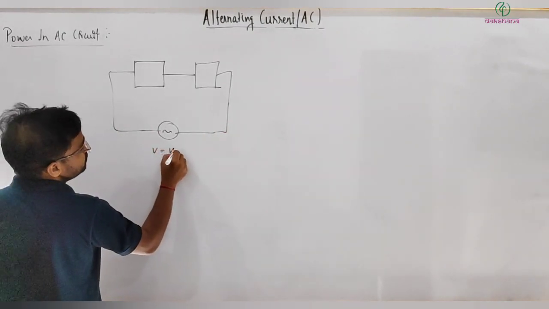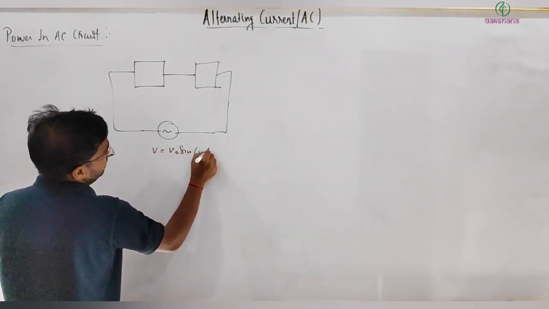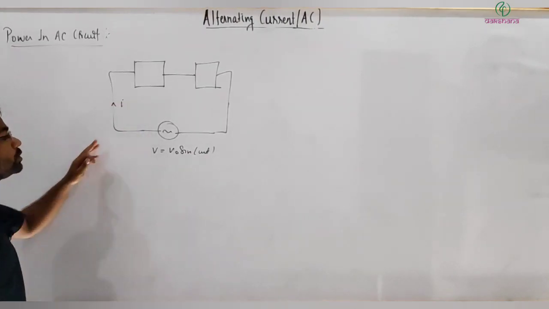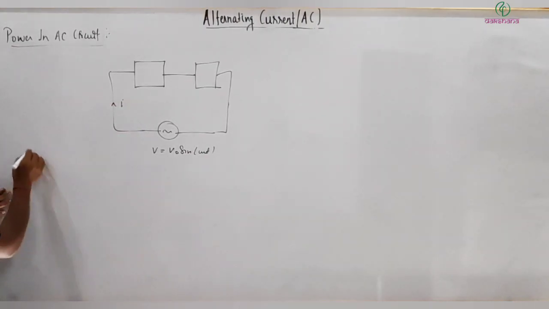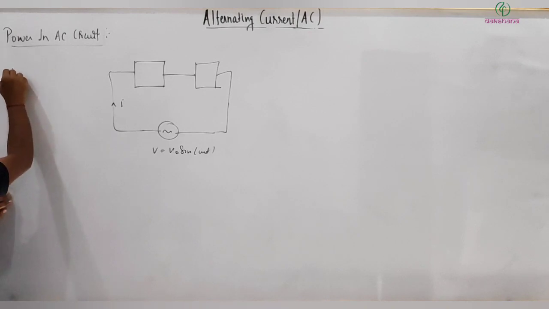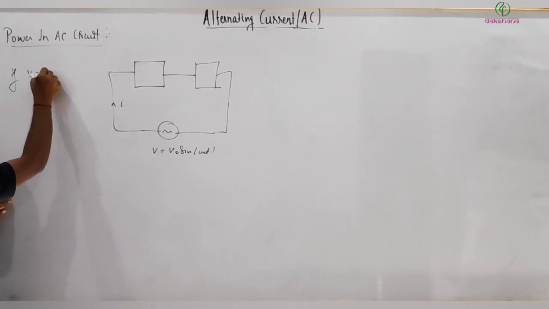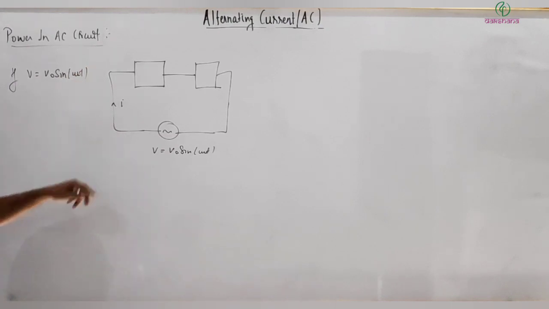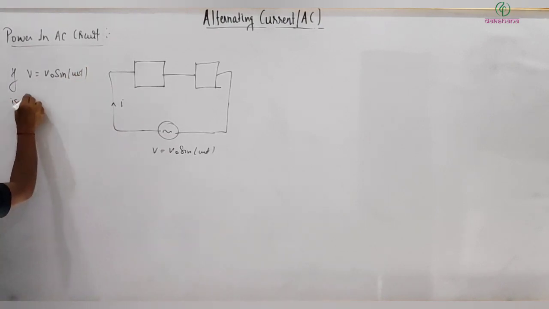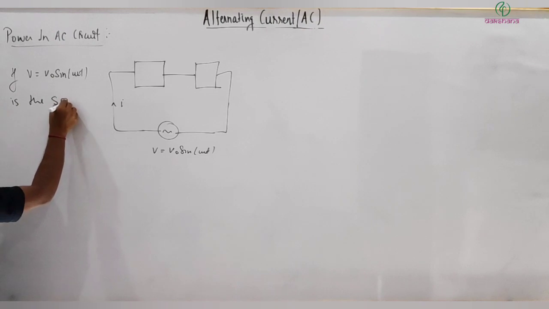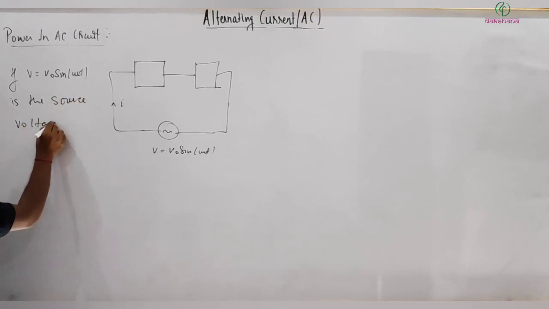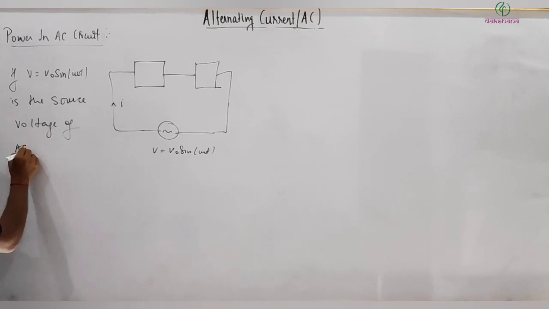So V is equal to V naught sine of omega t, right? This is the source voltage of the AC source.